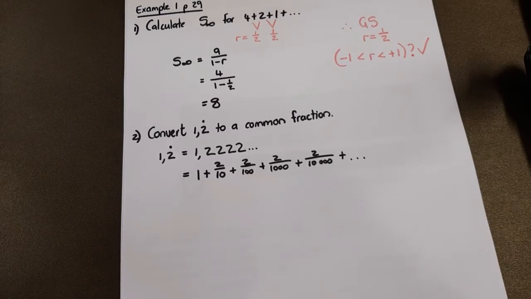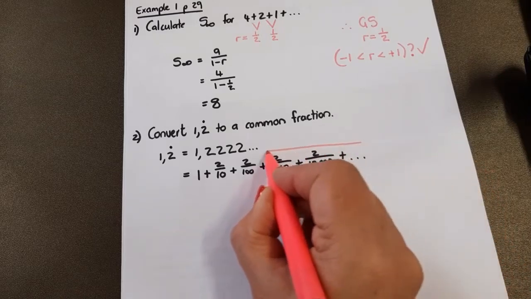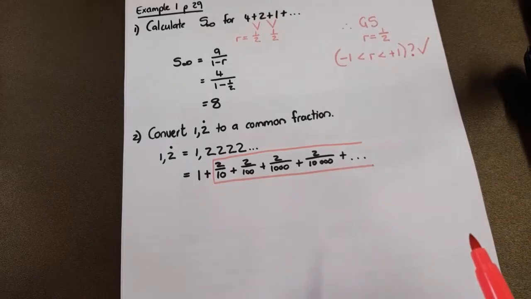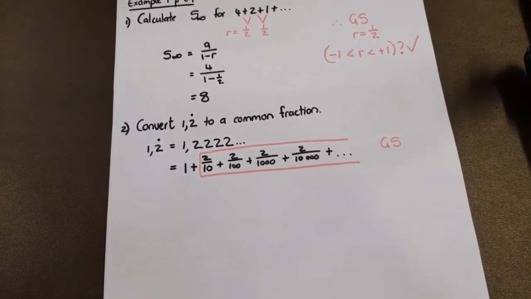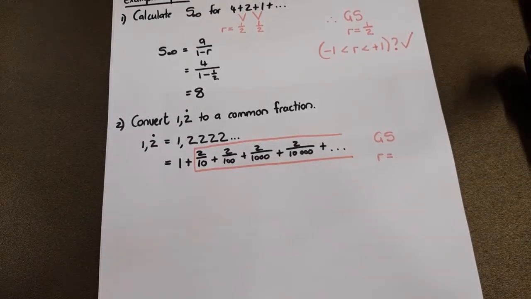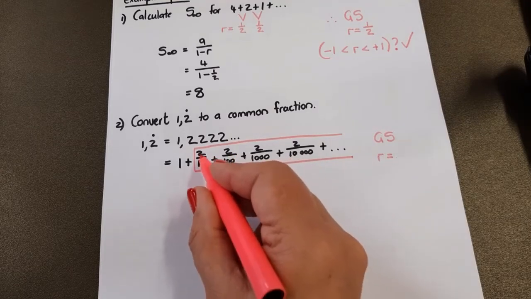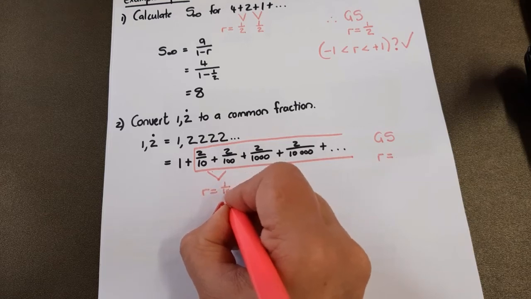When you look at this part of our series, only that part, we also determine that it's a geometrical series. Therefore, we have to work out r. Now, if you divide 2 hundredths by 2 tenths, you will get that r is a tenth.